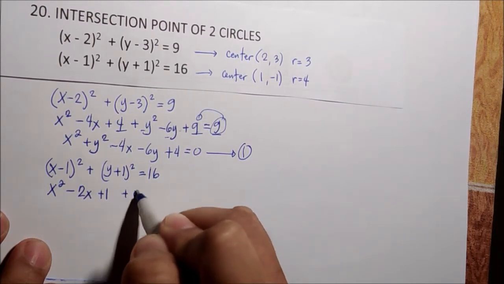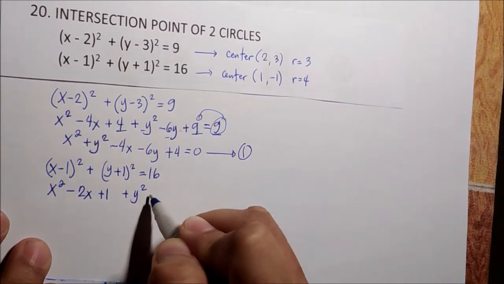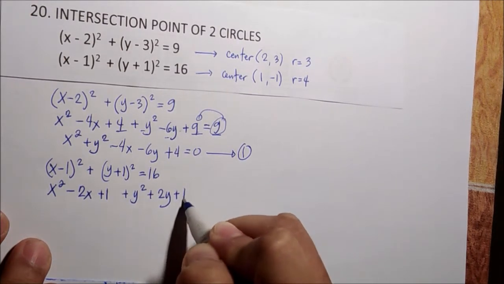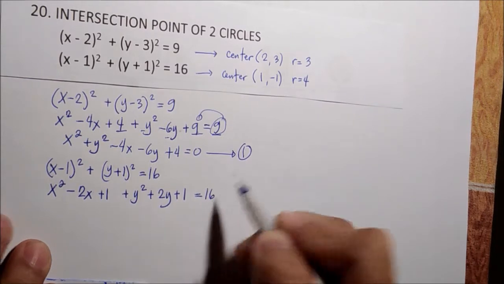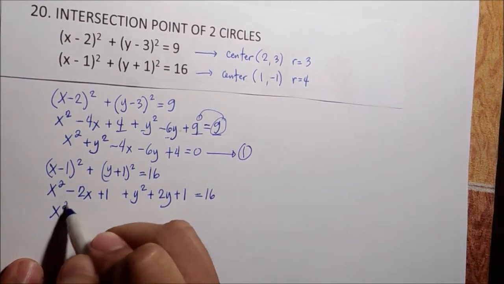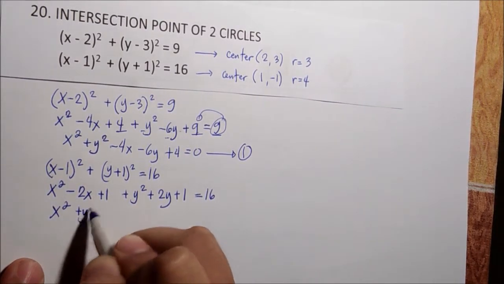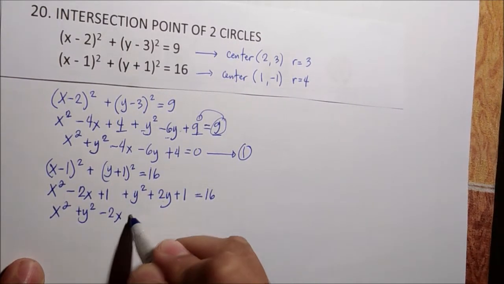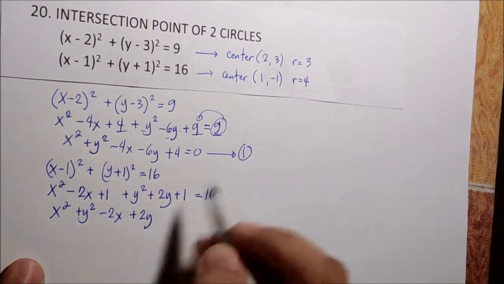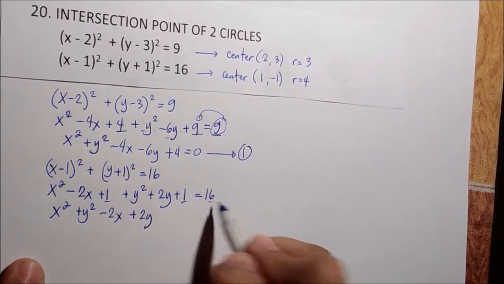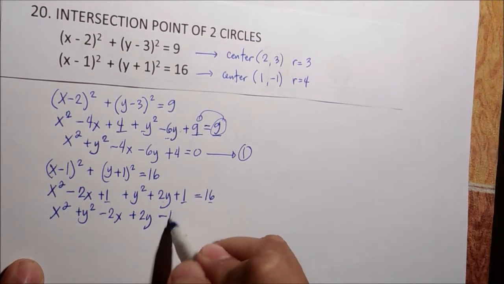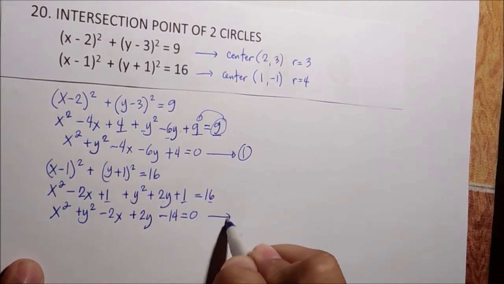Okay, this is plus y squared plus twice the first term and the second term, plus the square of the second term, that is equal to 16. Rearranging this one, this is x squared plus y squared, minus 2x, plus 2y. We have constants 1, 1 and 16. Okay, this is 2 minus 16, minus 14 equals 0. Equation 2.